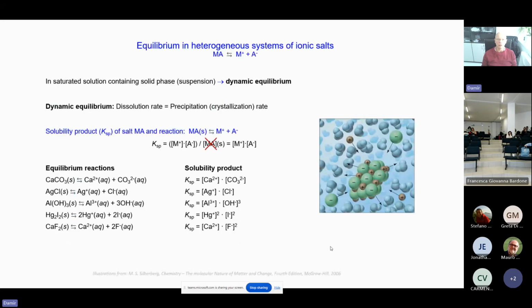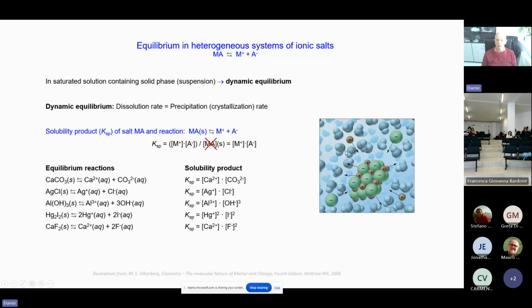We also talk about equilibrium in a heterogeneous system, which can describe the solubility. So I will explain it on the example of a slightly soluble salt, which dissociates into a cation and an anion. In any saturated solution in equilibrium with undissolved material, so in any suspension, there is a kind of dynamic equilibrium.